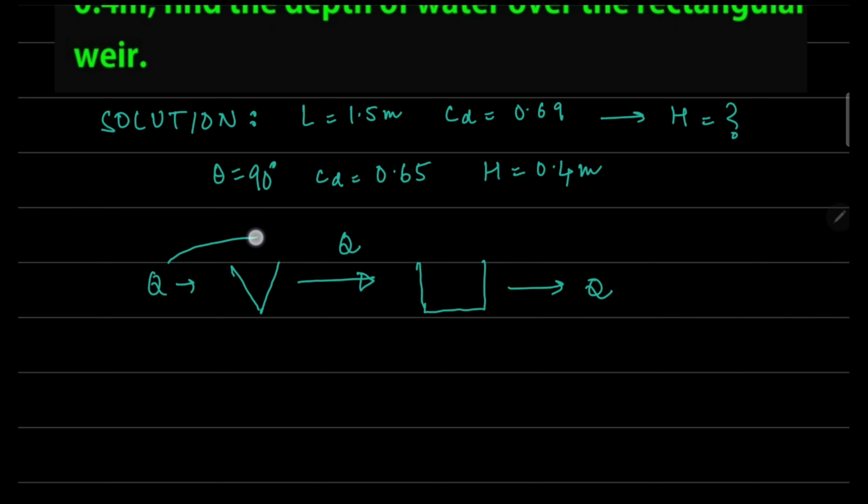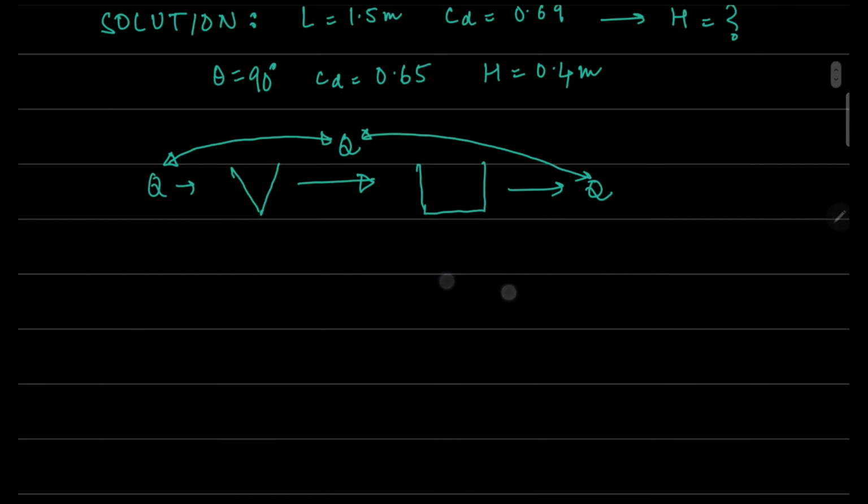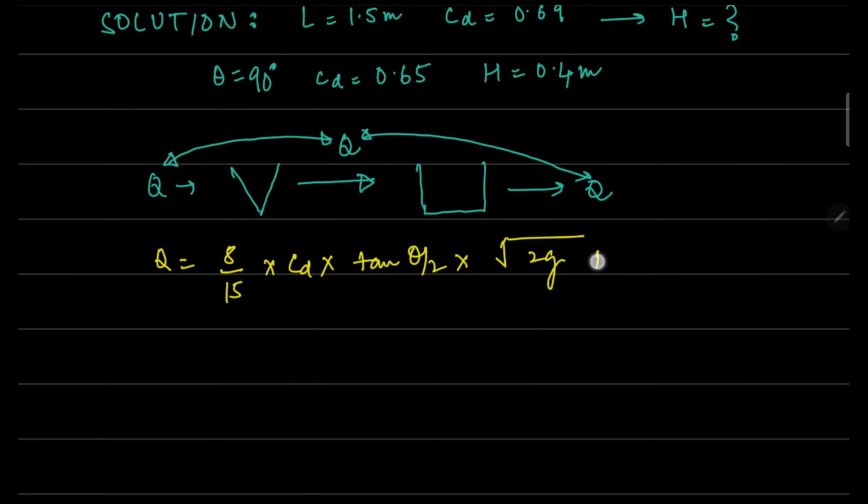This is the quantity that we have to equate from the two different shapes of weirs. Q is equal to 8 by 15 multiplied by CD tan theta by 2 multiplied by under root 2g h raised to the power 5 by 2.